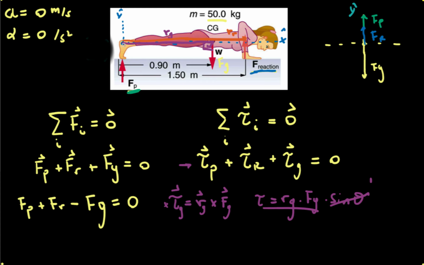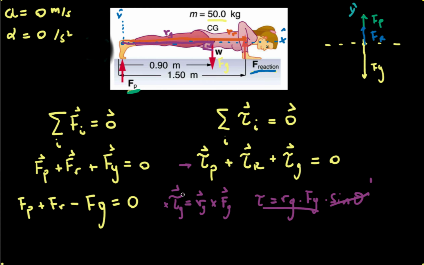So F_P is applied right at 0. So what do you suppose R_P is going to be? Hopefully you see that it will be 0, meaning that the force of P is being applied at the point where we decided our coordinates would be 0, 0. So if R is 0 here, then the torque is 0 there.